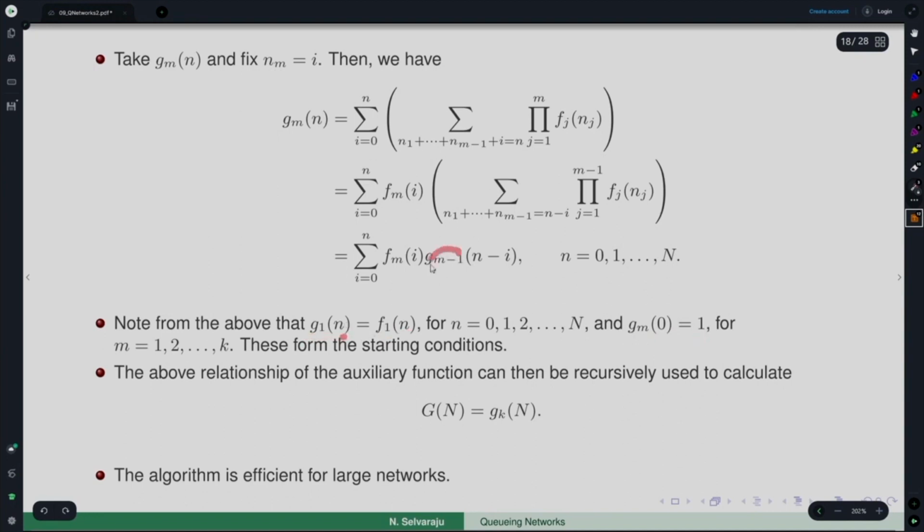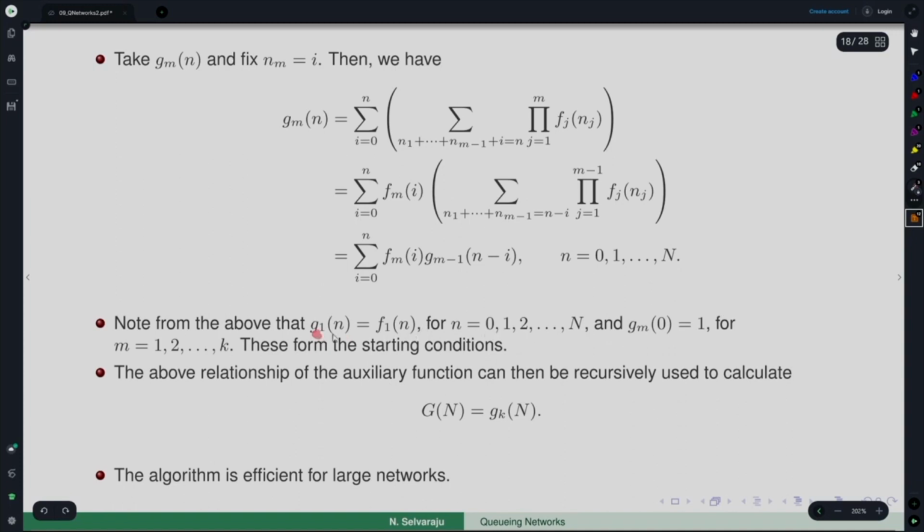Now, once I have G1 here, then G2 of n would involve G1 of n, which I am giving completely here. So, that is with one node, what would happen is basically f1 of n. There is nothing peculiar or great about that.